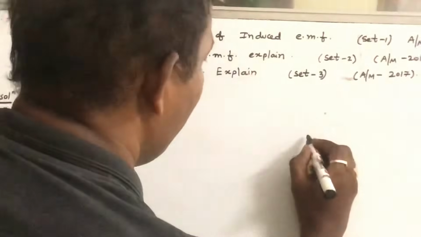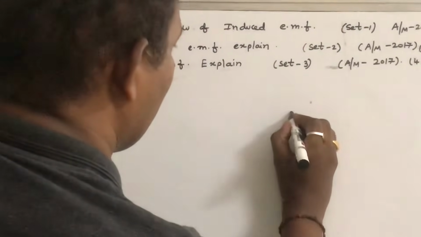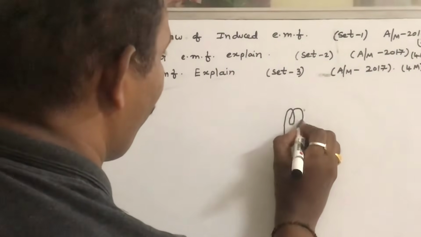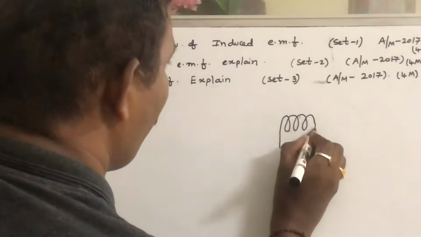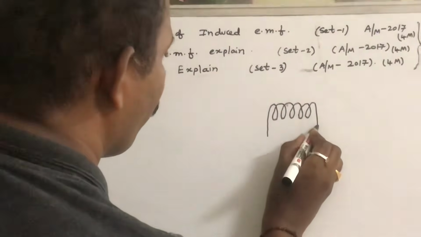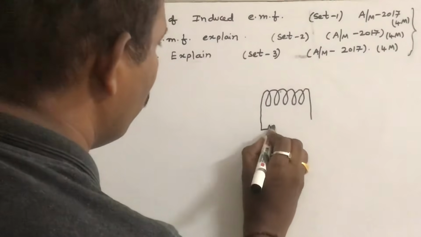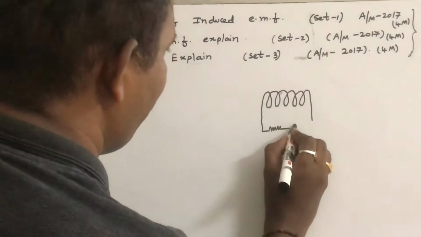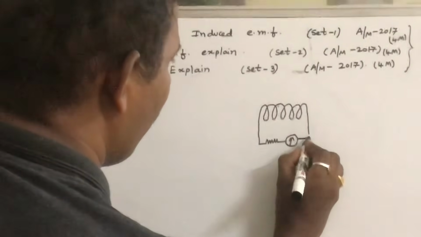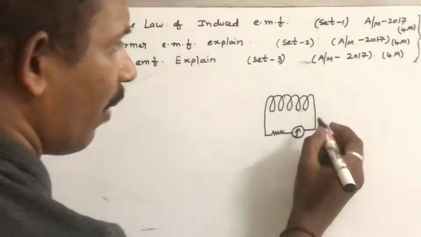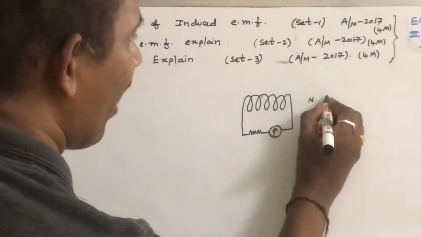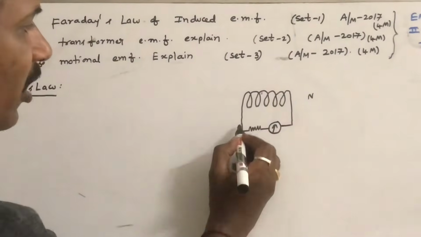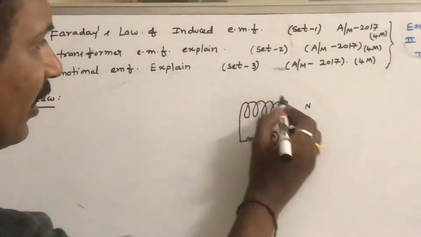For example, let us take a conductor in the form of a loop. Let us place a galvanometer or ammeter here. Initially you can observe there is no voltage or current in this loop.